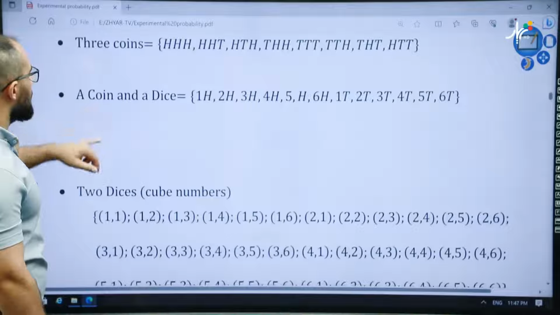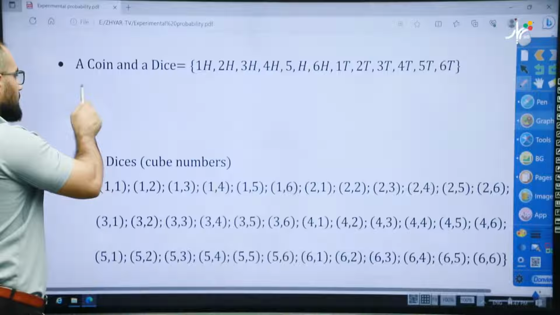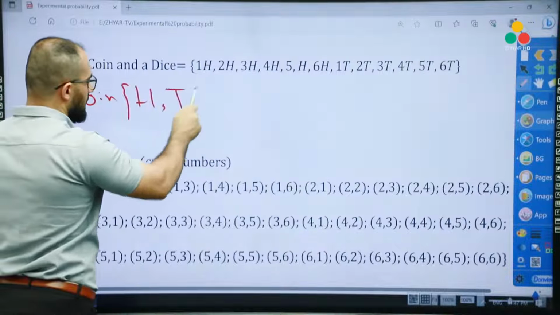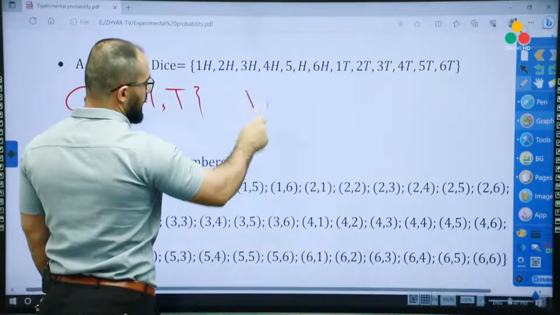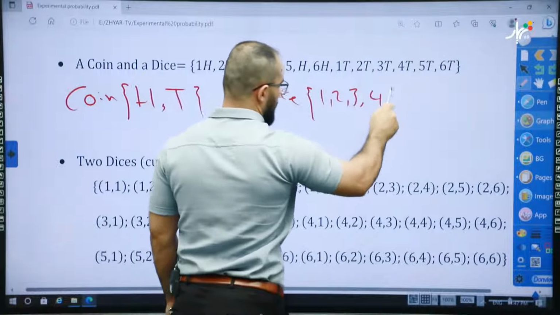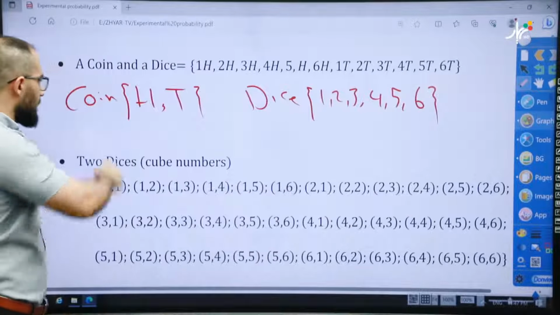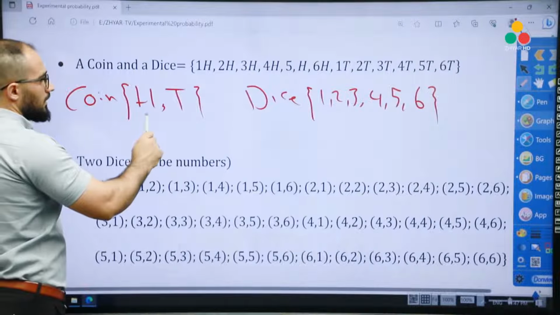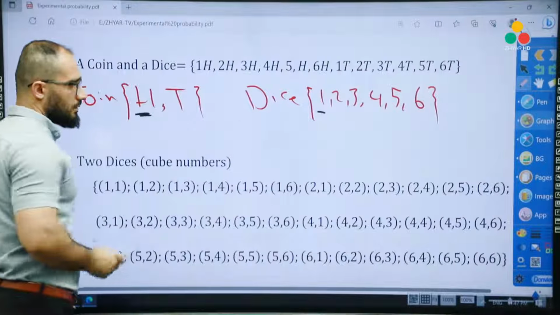Then, what if we have a coin and a dice? For the coin, we have head and tail. Then for the dice, we have 1, 2, 3, 4, 5, and 6. Then how can you write all the possible outcomes for a coin and a dice? It's quite easy. It's going to be H1, or you can say 1H. It's no difference.